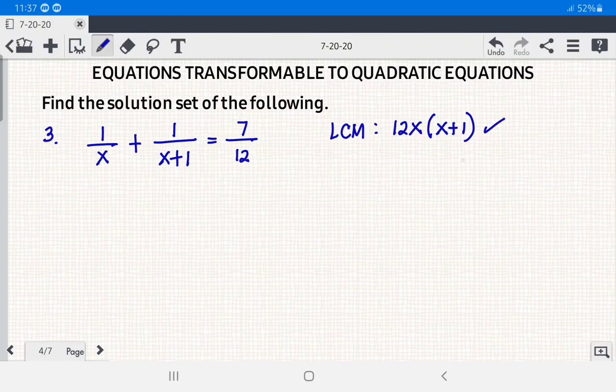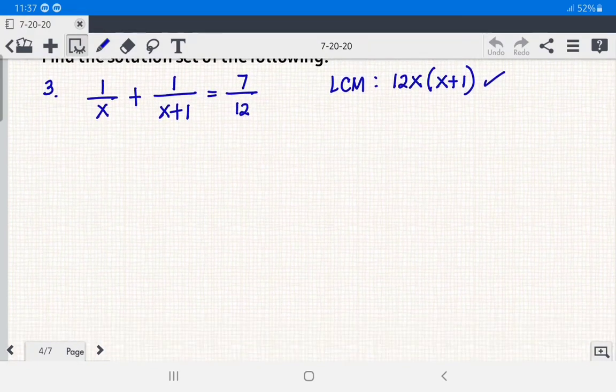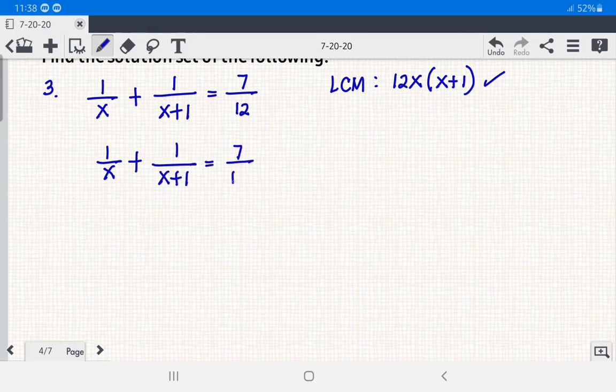This is easier for us, so let's proceed. We have 1 over x plus 1 over x plus 1 equals 7 over 12. Then multiply this by 12x, then times x plus 1.